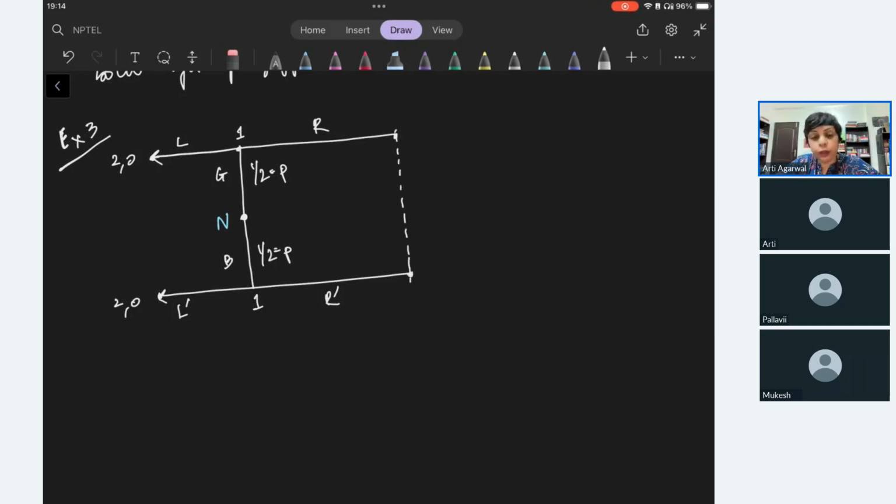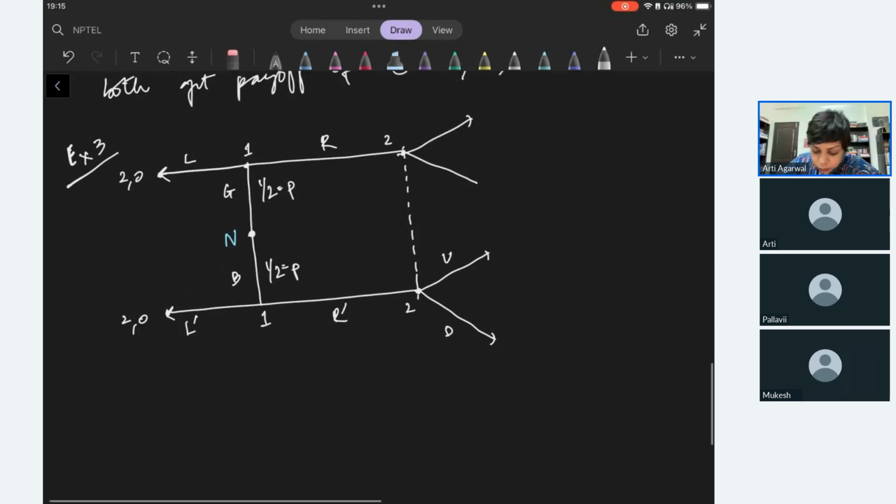A priori, player 2 is not aware of the type of player 1. Without knowing the type of player 1, he has to choose between U and D. And the payoffs are as shown. So this is the diagram.